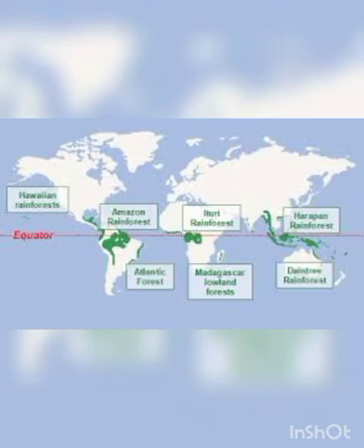Now listen here. Equatorial regions are 10 degree north and south of the equator. But tropical regions are between 10 and 30 degree north and 10 and 30 degree south of the equator.